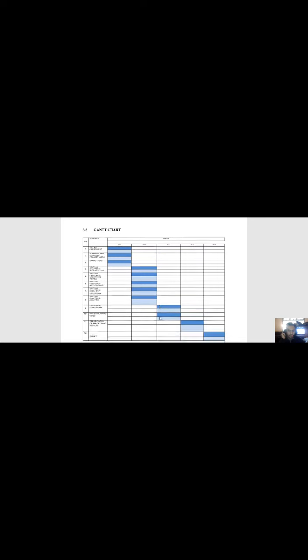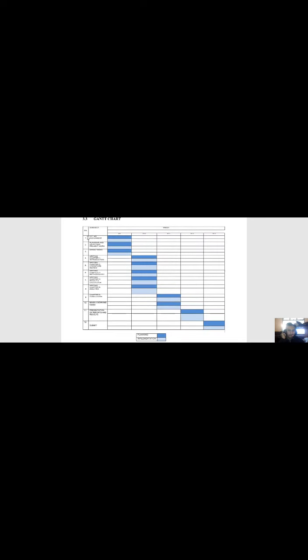Okay, this is the Gantt chart. From the assignment we get, we plan and select the project work we want to do, and after that divide the task: writing chapter 1, chapter 2, chapter 3, chapter 4, chapter 5 and chapter 6, and after that we make a video about how to change the brake pad.